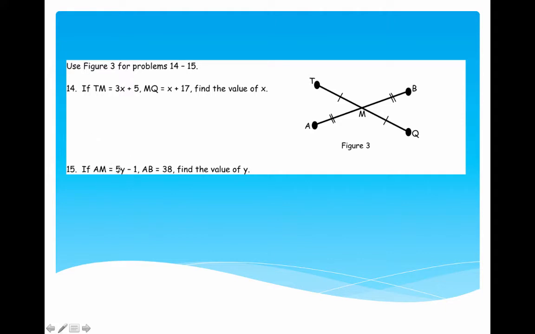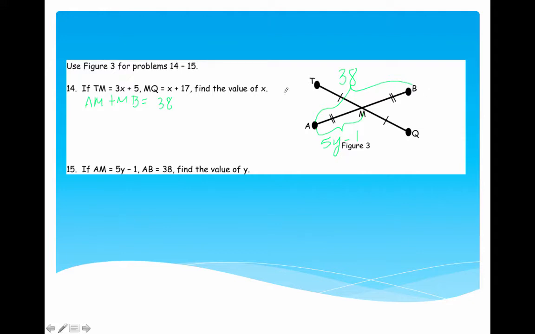Okay, so this one says AM is 5y minus 1, and AB is 38, and we want to find y. So what we know about this is that AM plus MB is 38.